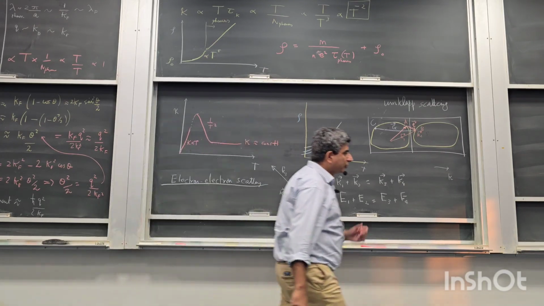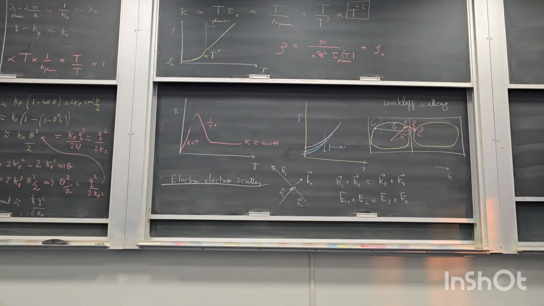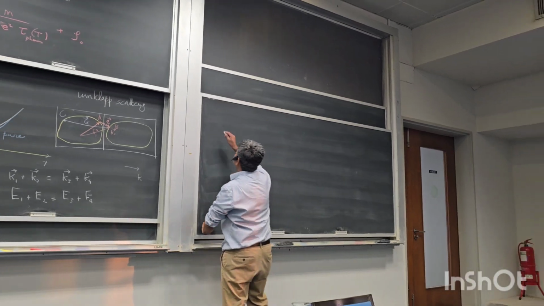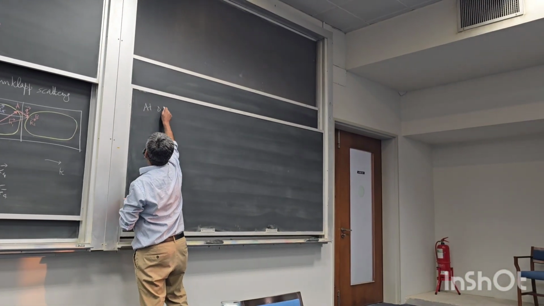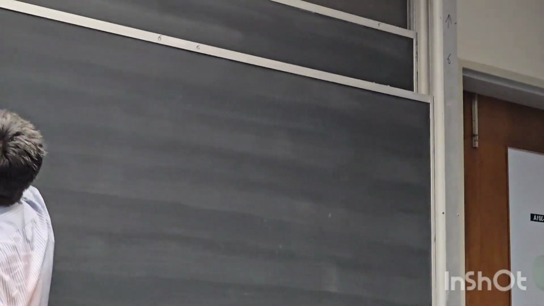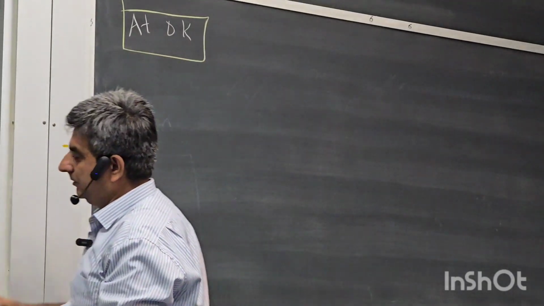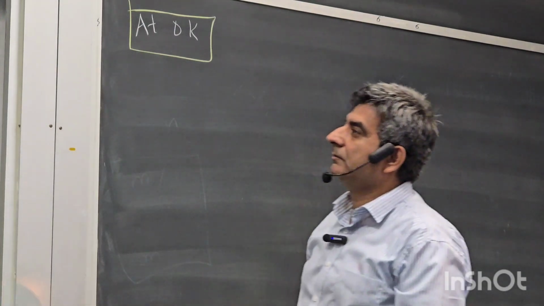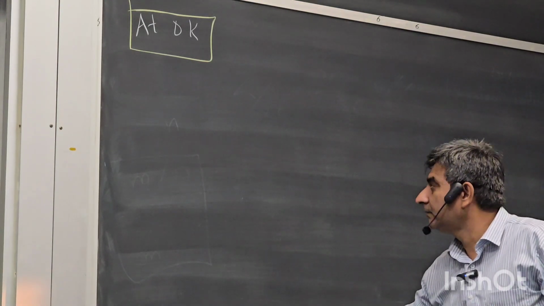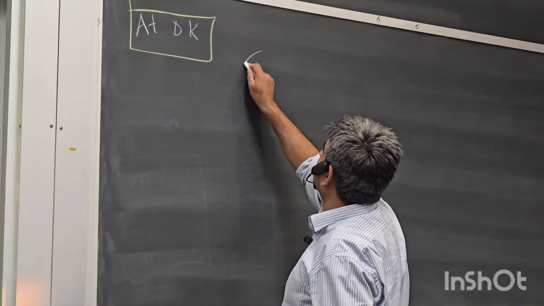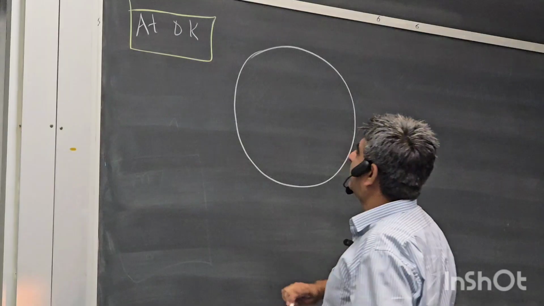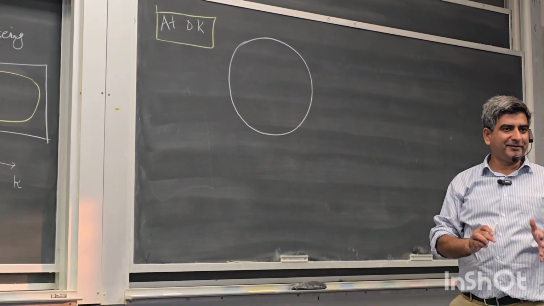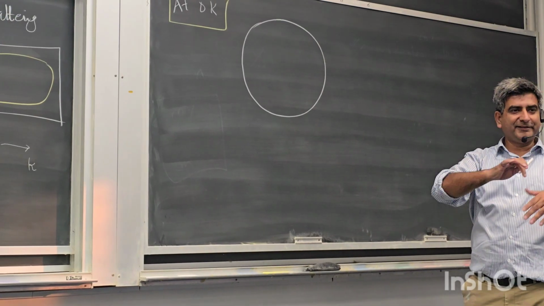If I draw the Fermi sphere at 0 kelvins, this is the Fermi sphere, it's totally occupied, filled right to the brim, and there's no spillover.